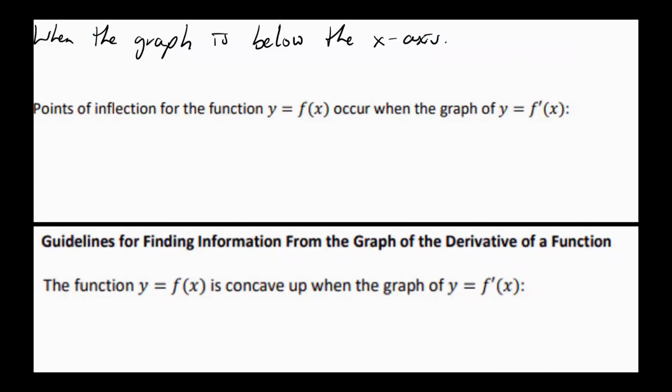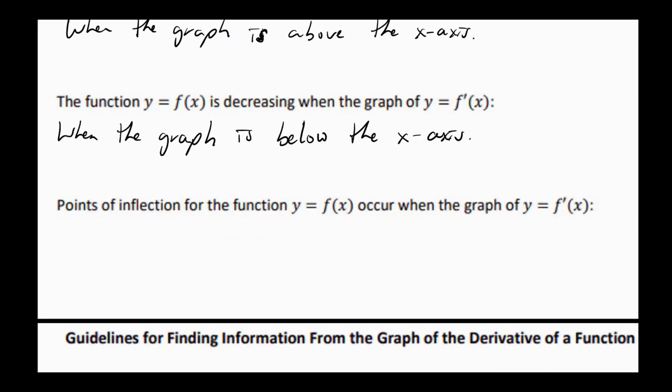Okay. Points of inflection. When did I know that there was a point of inflection? Let's see here. I think I had two of them, right? At -2 and +4. How did I know those were my points of inflection?